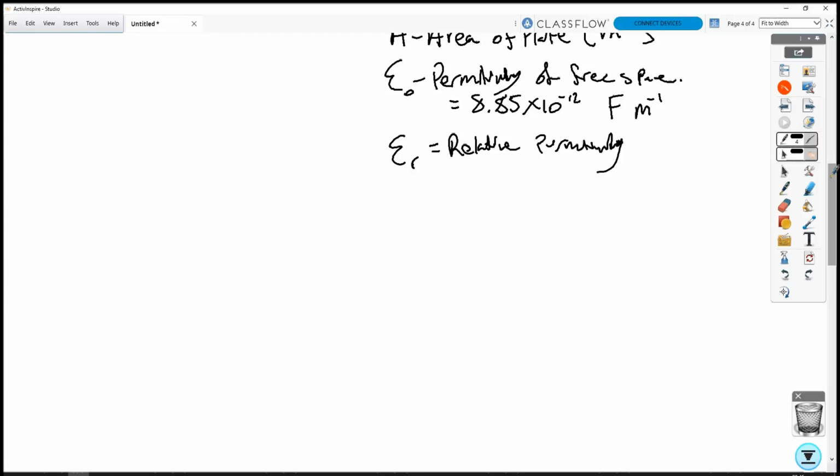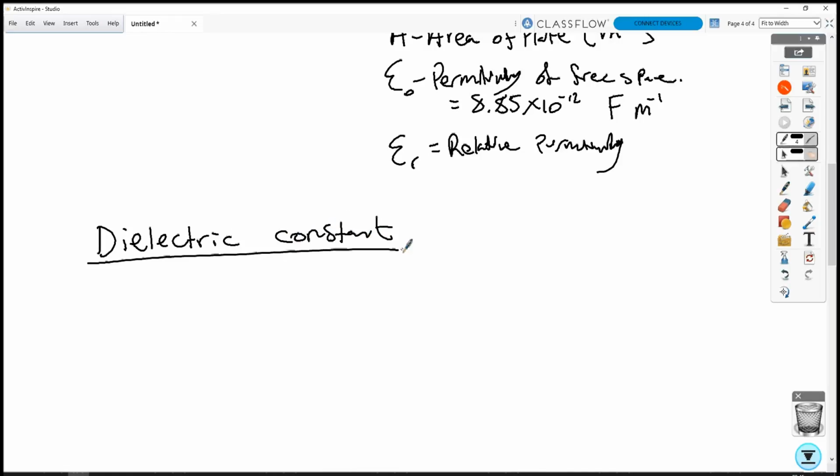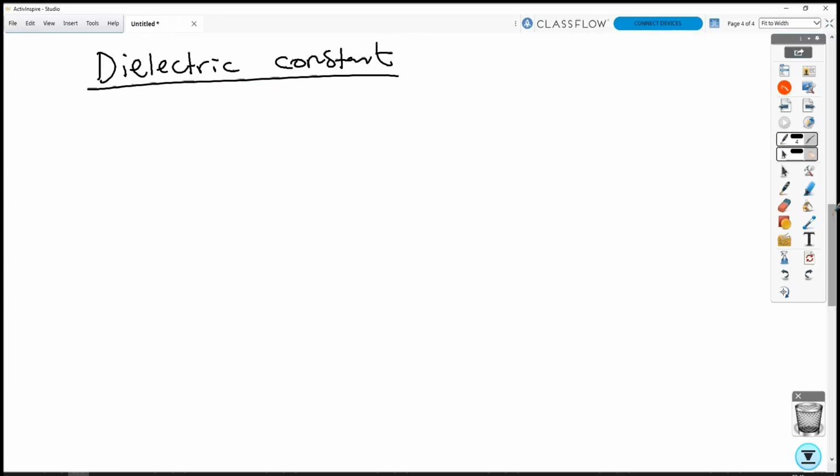So, I want to look at another quantity now called the dielectric constant. So what we're going to do is we're going to imagine we have a capacitor, and this capacitor has a capacitance. We're going to call this the original capacitance. We'll label it as C0. Then we change this capacitor by placing a dielectric between the plates.